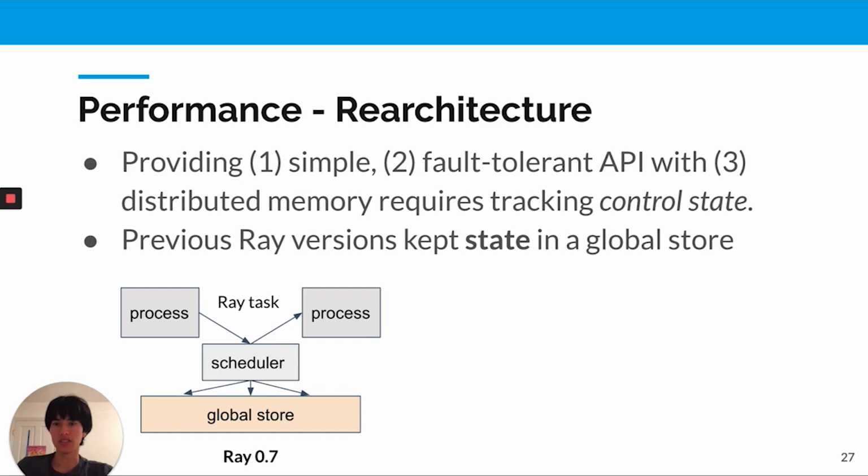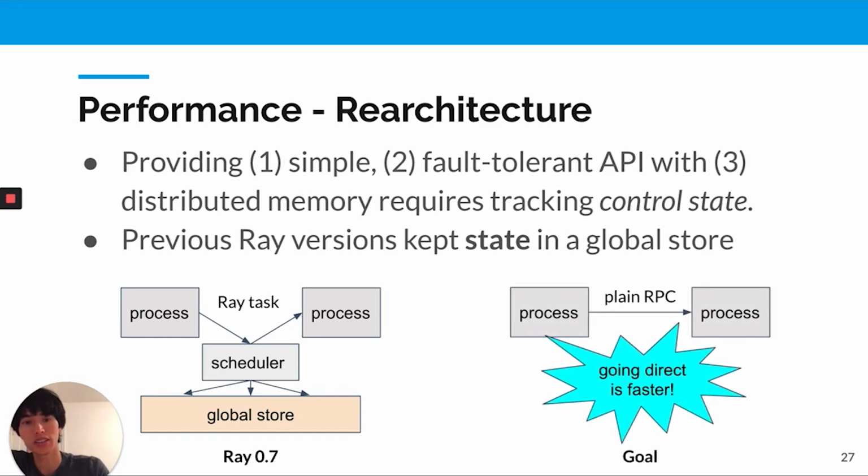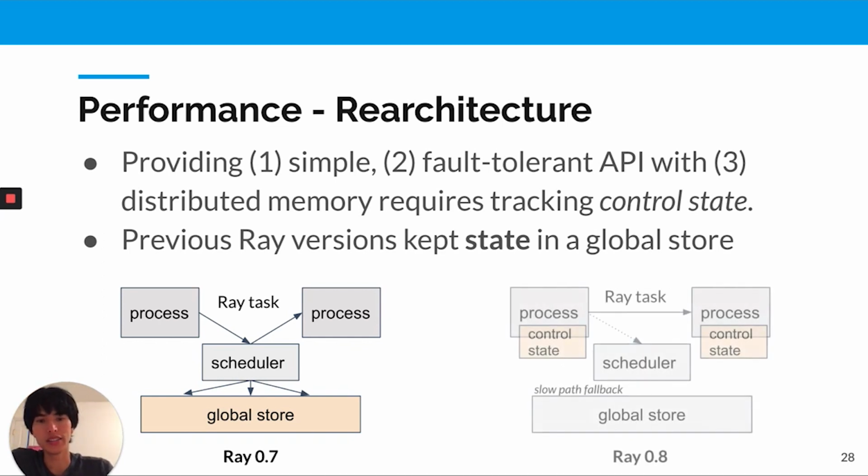So of course you can see the potential for optimization here, right? If you're able to go directly from process to process, you can eliminate a number of RPCs and potentially speed things up quite a bit. So how do you do that? Well, the key idea with this re-architecture was to move the control state from the global store into the worker processes themselves.